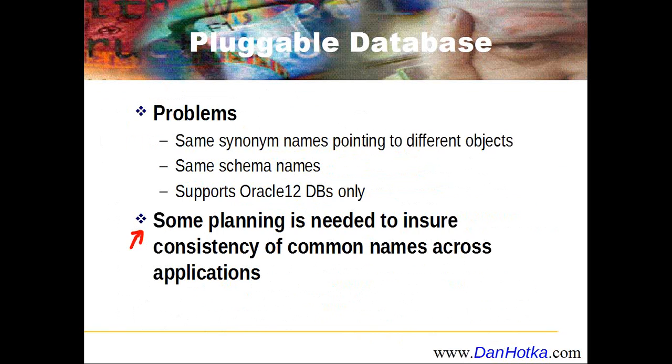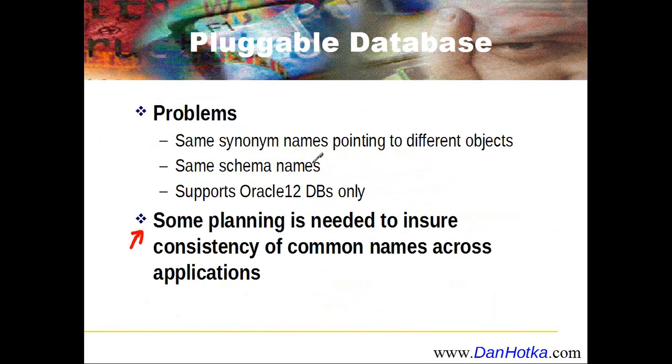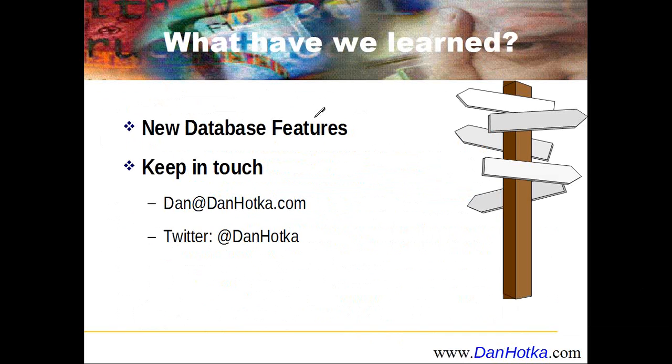It really does make the DBA's life a whole lot easier. It shares a lot, utilizes the resources on the machine a whole lot better. So anyway, do keep it in mind. You do have to do a little bit of planning, maybe common schema names and stuff. You maybe need to rename some stuff, perhaps. I don't know. Might be a good time to review the installation of the application and see if there's any cleanup that needs to happen.